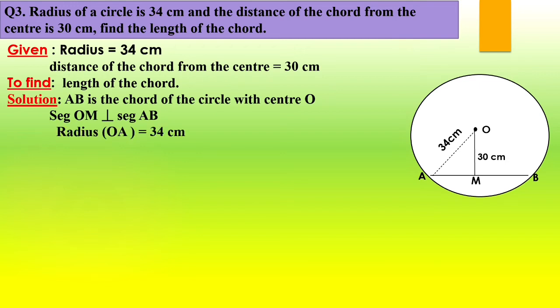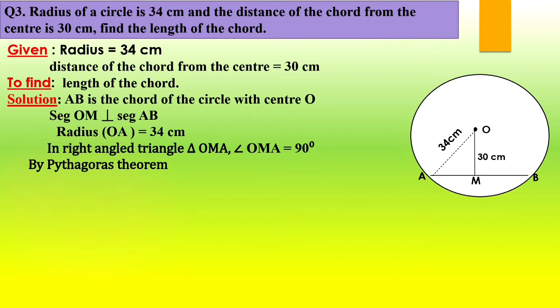So OA is given 34 centimeter. In the right angle triangle OMA, angle OMA is given 90 degree because OM perpendicular to the chord AB. By Pythagoras theorem, square of OA equal to square of OM plus square of AM.